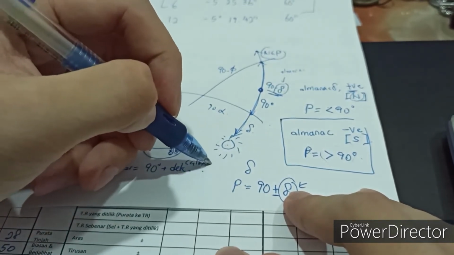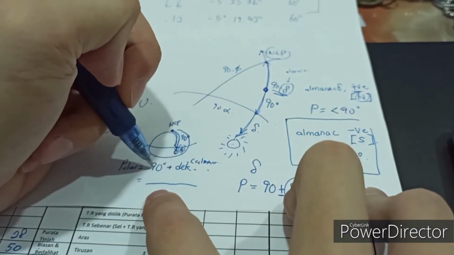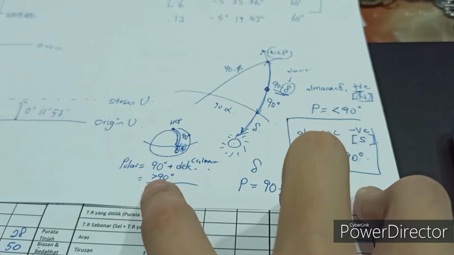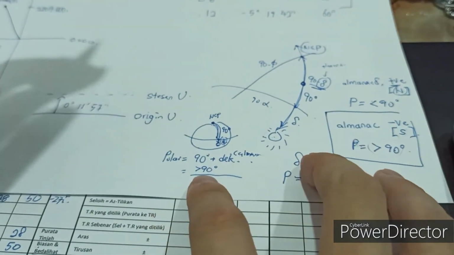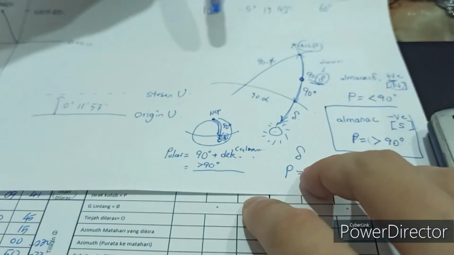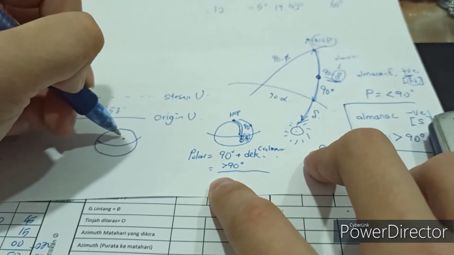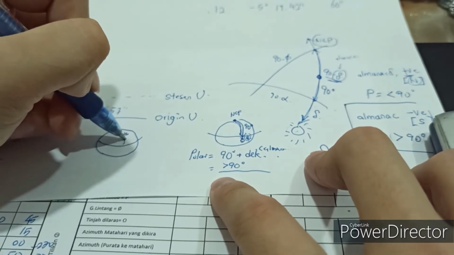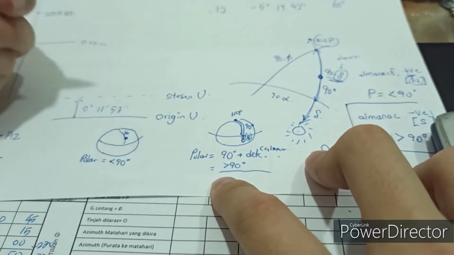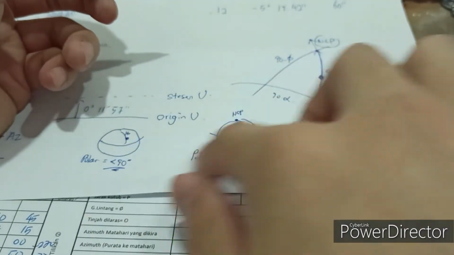This can be found in the almanac. As you can see in the diagram, it will be greater than 90 degrees. If the almanac value is positive, it means the sun is located in the north hemisphere. The sun is here, so the polar distance will always be less than 90 degrees. This is a tip for us to memorize the concept more easily.